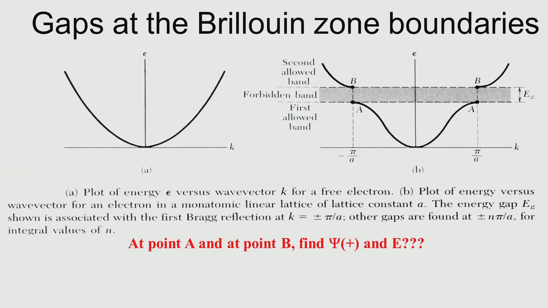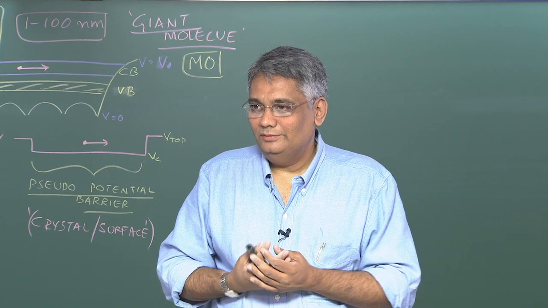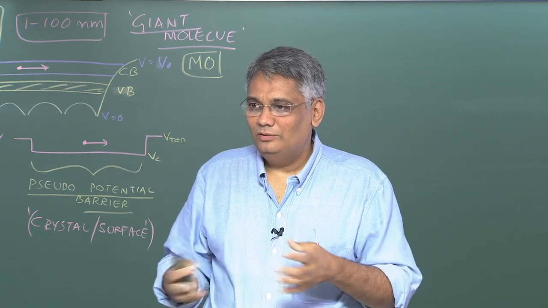Going back to the E-k diagram, the free electron parabola, and what we have seen by applying the boundary conditions, you see these different zones. The zone between pi by a and minus pi by a we call the first Brillouin zone. This first Brillouin zone is also called the Wigner-Seitz lattice, and it plays a very important role.